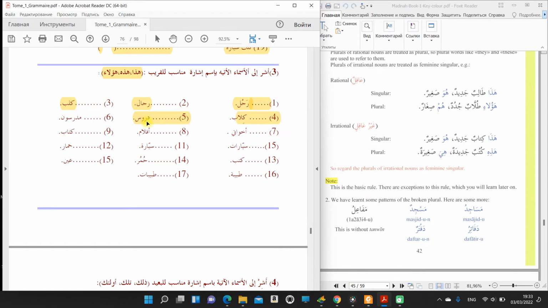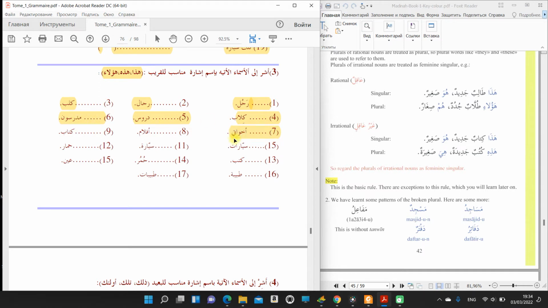درس or دروس. دروس means lessons. Lessons, well, this noun is irrational. Therefore we say هذه دروس. Okay, they don't have intelligence. Here we have مدرسون, teachers. We will say هؤلاء مدرسون.